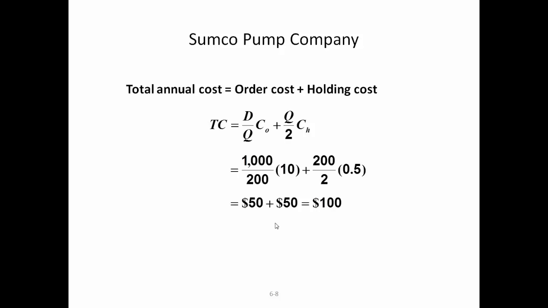I know what the cost for ordering it is. I know what my optimum quantity is. And I know what my holding cost is. So I have all the pieces to this puzzle. And again, through basic mathematical computations, I can find out that my total annual cost is $100.